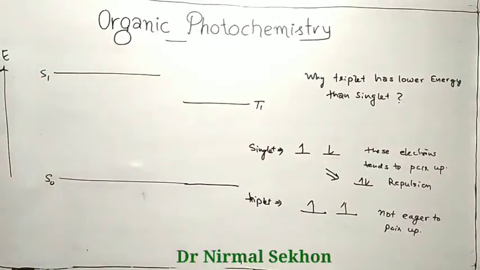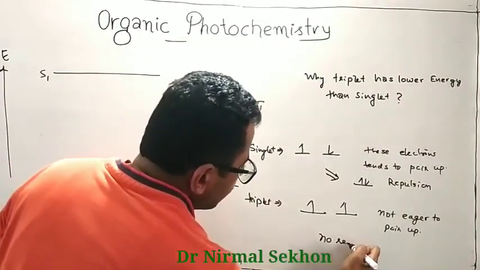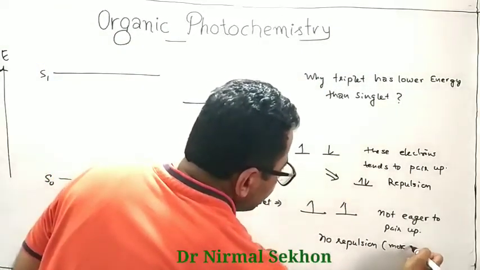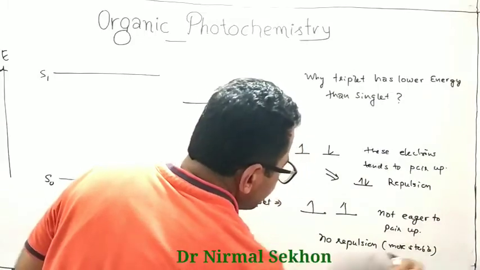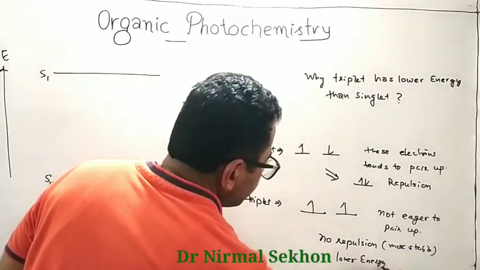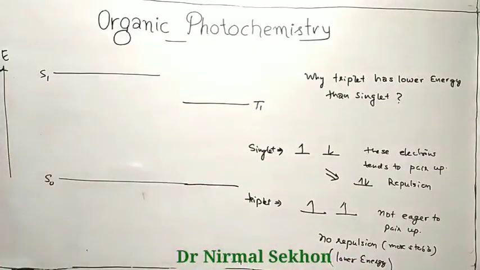That's why there is no repulsion. And if there is no repulsion, it means it's more stable. If it is more stable, it means it is lower in energy. So that's why the triplet state has lower energy than the singlet state.